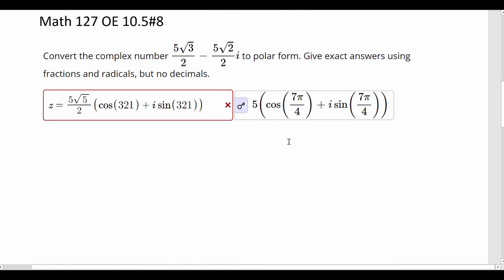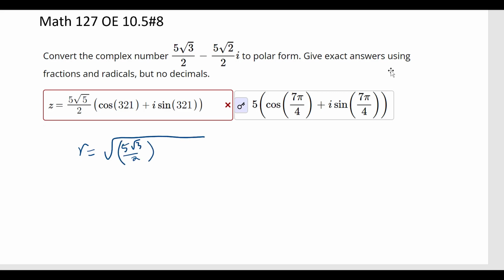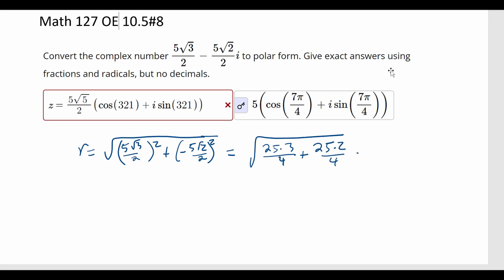I do have the answer on here. So convert the complex number to polar form. Same thing, so our r is going to be the square root of 5 root 3 over 2 squared plus negative 5 root 2 over 2 squared. So that's going to be 25 times 3 over 4 plus, the negative squares out, 25 times 2 over 4.